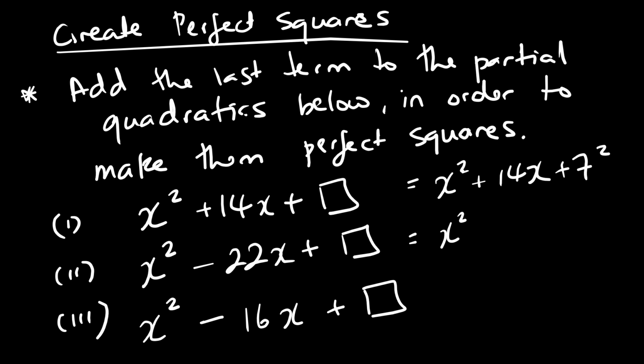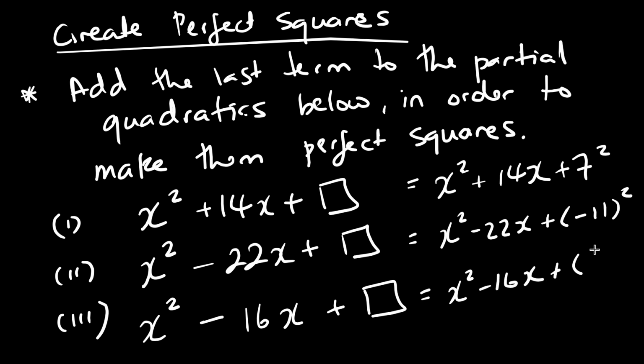So it should have been x squared minus 22x plus half of negative 22 is negative 11 squared. And so you should get 121, right? Plus 121 because it's negative 11 times negative 11. And then for this last one, you'd have had x squared minus 16x plus half of negative 16, which is your negative 8 all squared, should just give you 64.